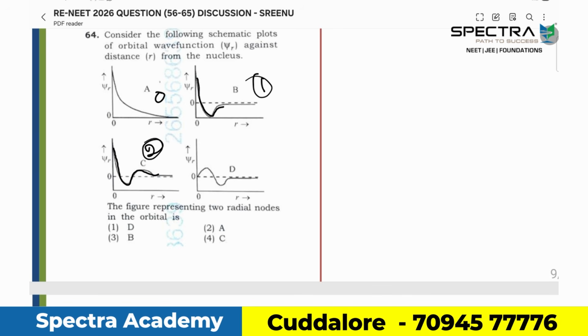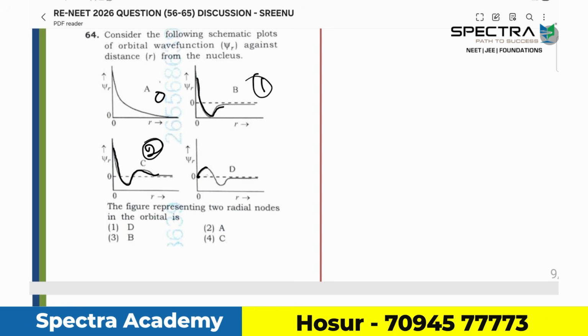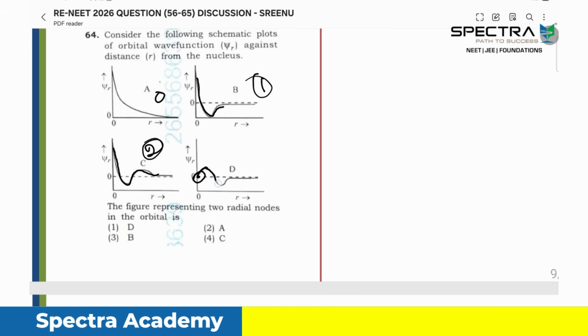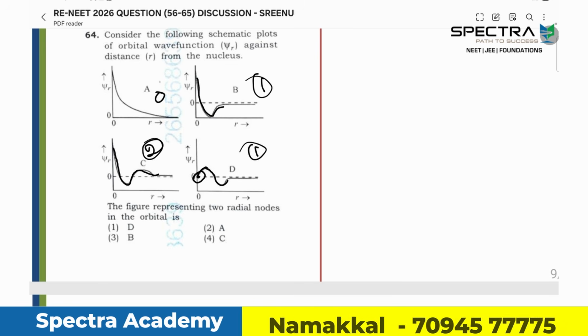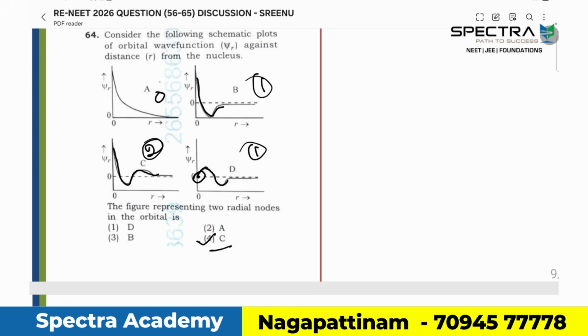Whereas the fourth option, you might think it is also starting from this one only, right? But it is a typical p orbital, where electron density is 0 near the nucleus. This is not considered a radial node, it is an angular node. Here it is crossing only once, so it has one node only. So C will have the 2 radial nodes. You can see option 4C is correct.